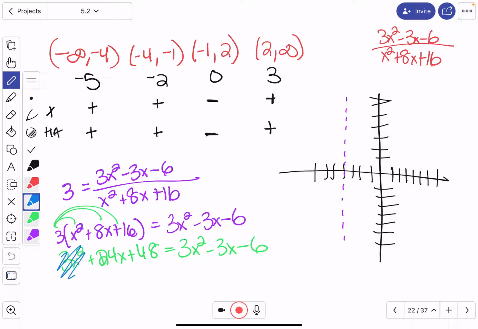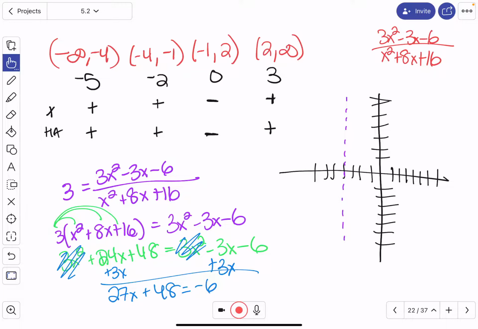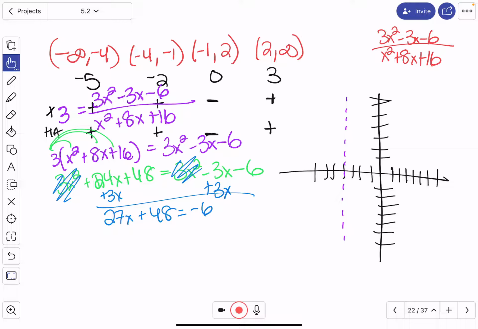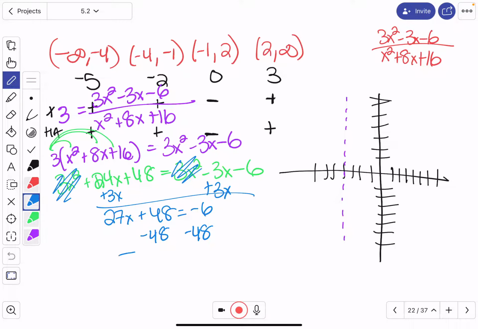So the 3x squared will delete itself from each side. Add 3x. So we get 27x plus 48 equals -6. Then subtract 48. 27x equals -54. Divide by 27. x equals -2.